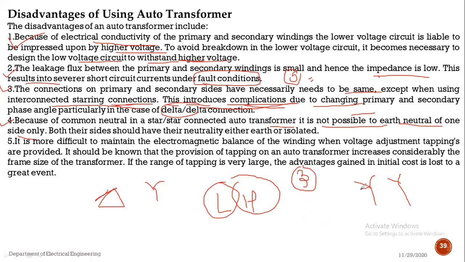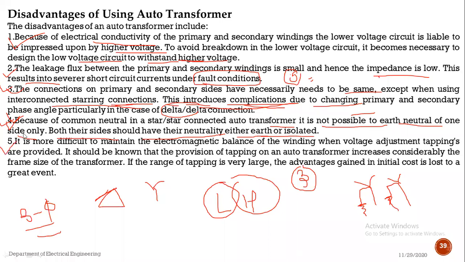We want to ground both the neutrals. Both sides should have their neutral either earthed or isolated. So this third and fourth disadvantage are related to the three phase auto transformer.